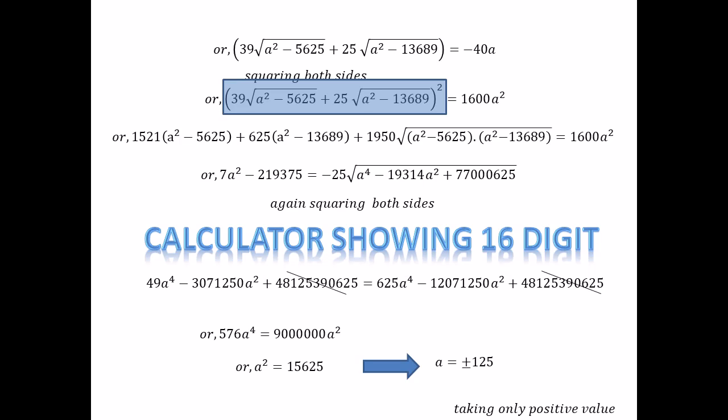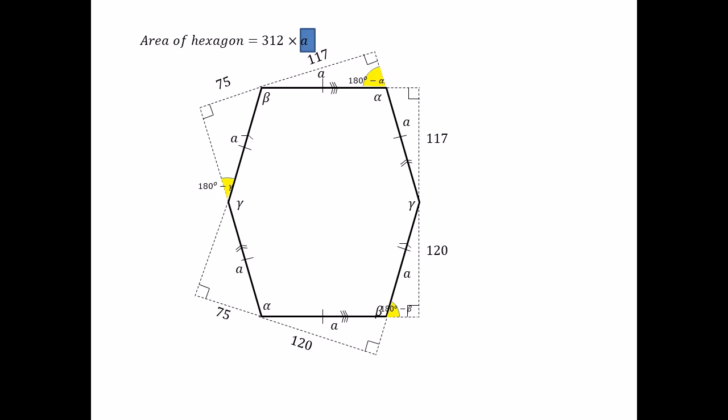Now taking only the positive value, 312 into a, and a is 125, we get 39,000 square units. So overall the area of the hexagon is 39,000 square units. So this is all about the solution of the question.